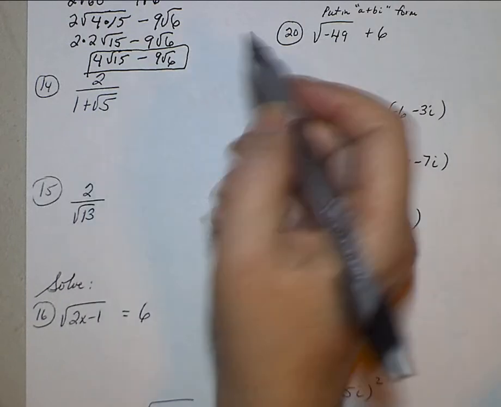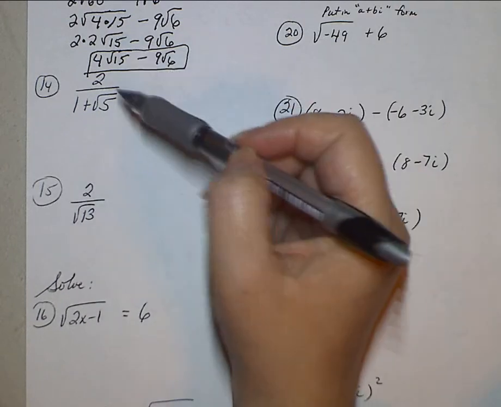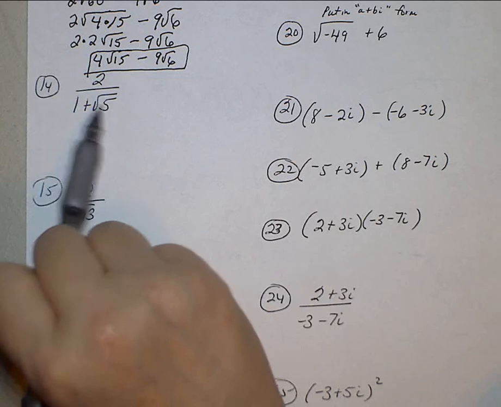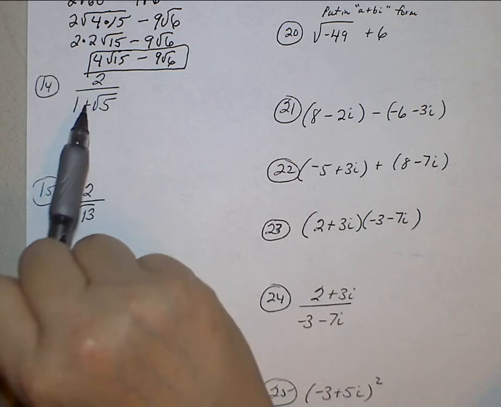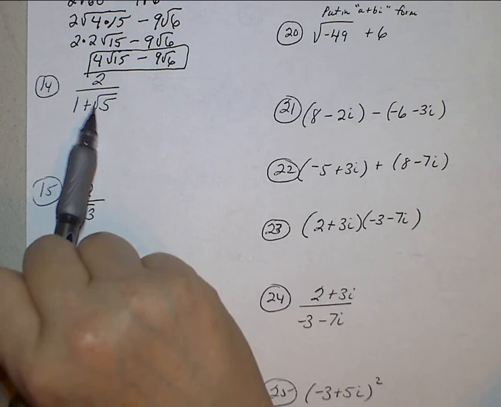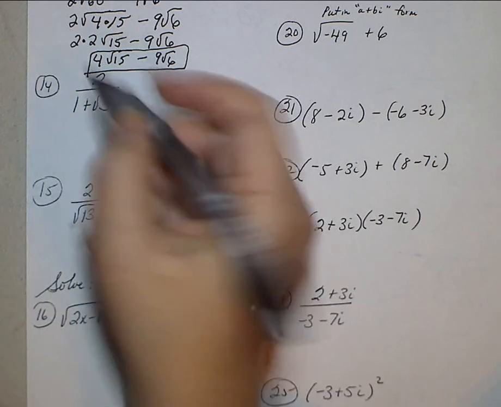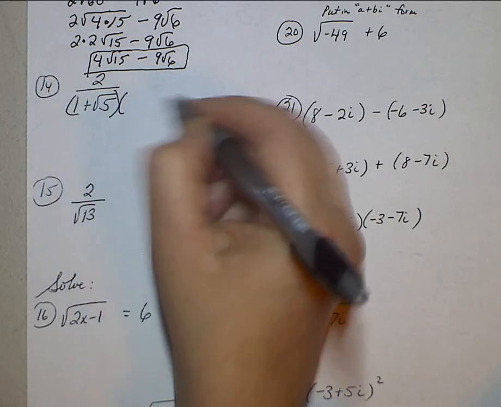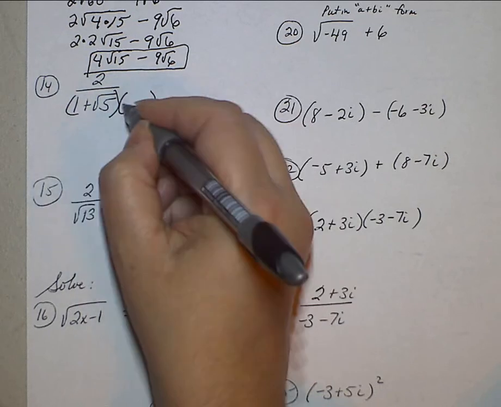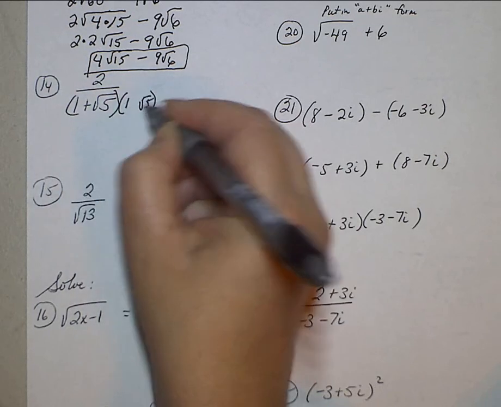Alright, when you have two numbers on the bottom and you want to get rid of that square root, what do you have to multiply it by? You have to multiply it by the same thing but opposite. So we have 1 and the square root of 5 and positive, so this is negative.